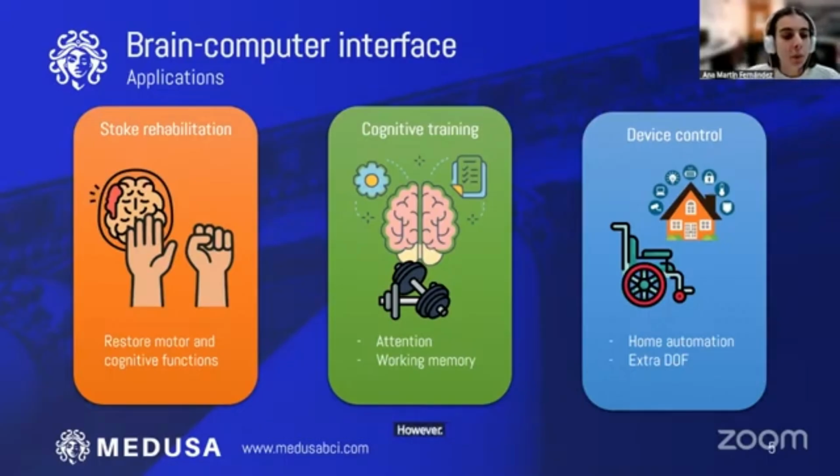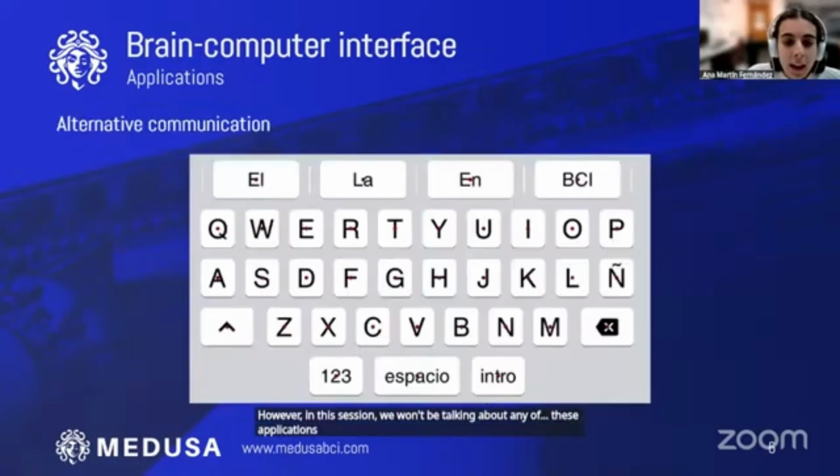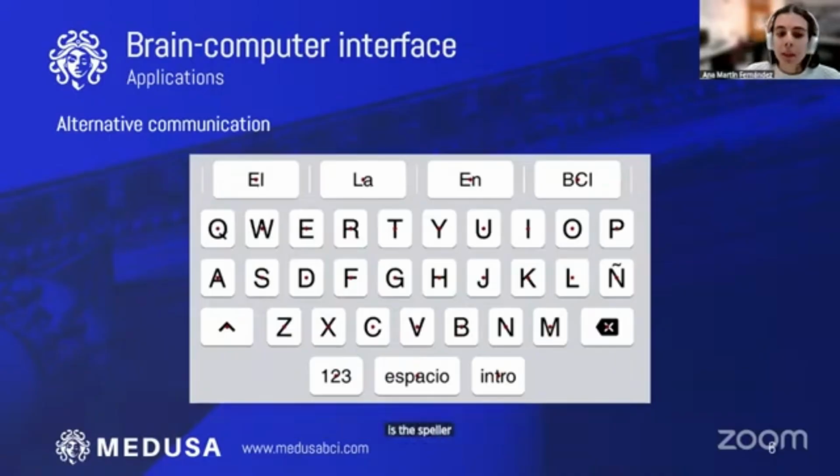However, in this session, we won't be talking about any of these applications. The BCI application on which we will focus today is the speller, one of the main applications explored since the early days of BCI research.